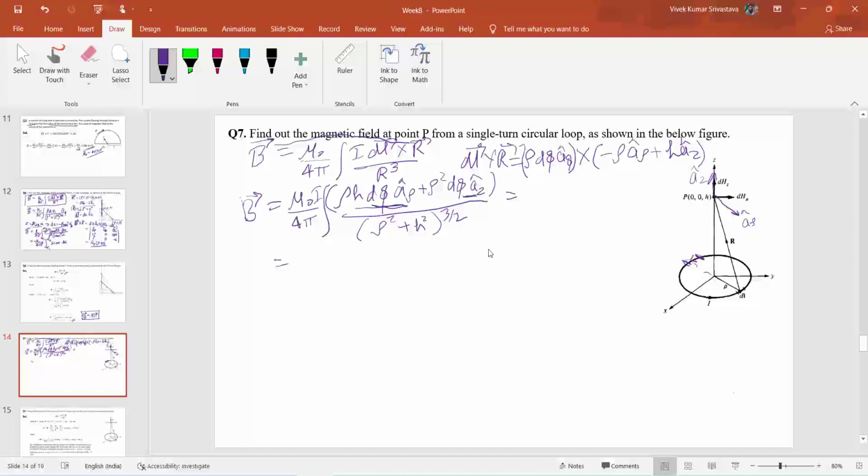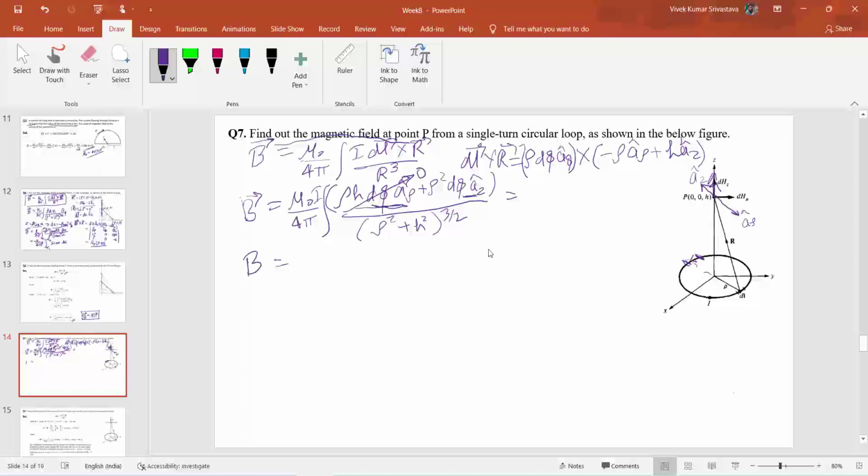For this current element the magnetic field is along the aρ direction and az along this direction, okay. So what happens is that the radial component will cancel each other. So the net field is along the az direction only, so we have to consider the radial component as 0, okay.